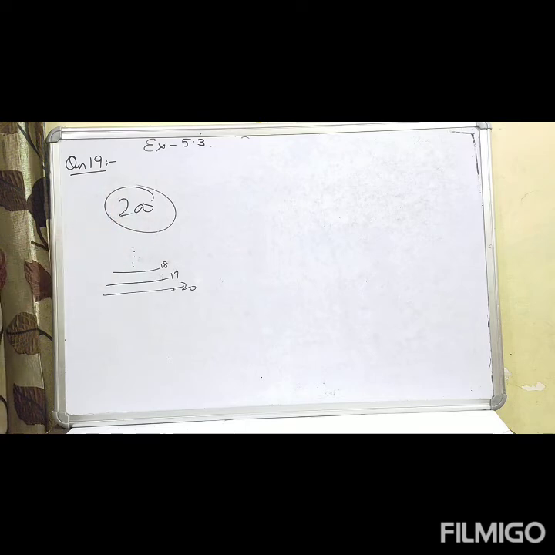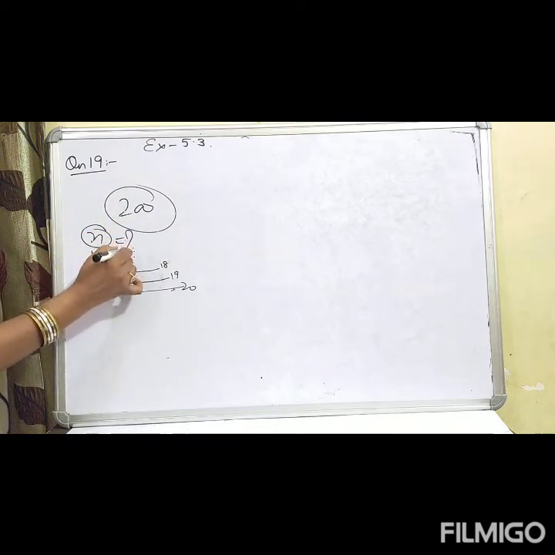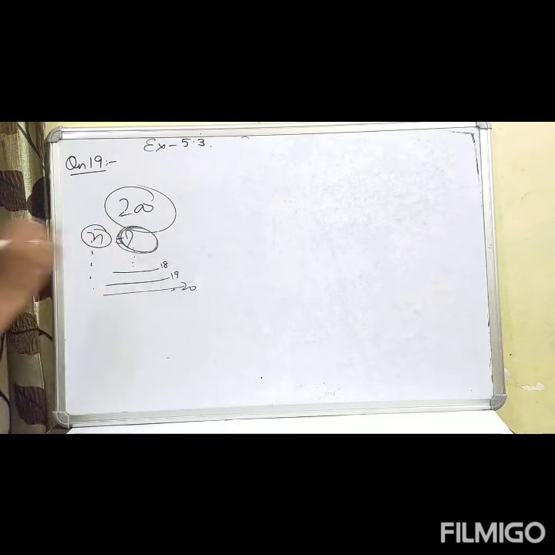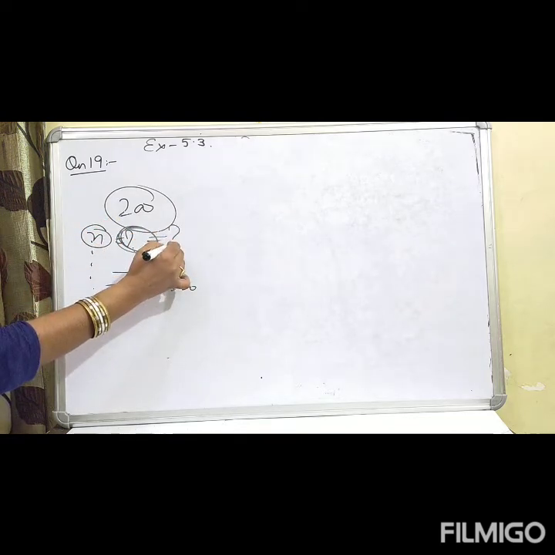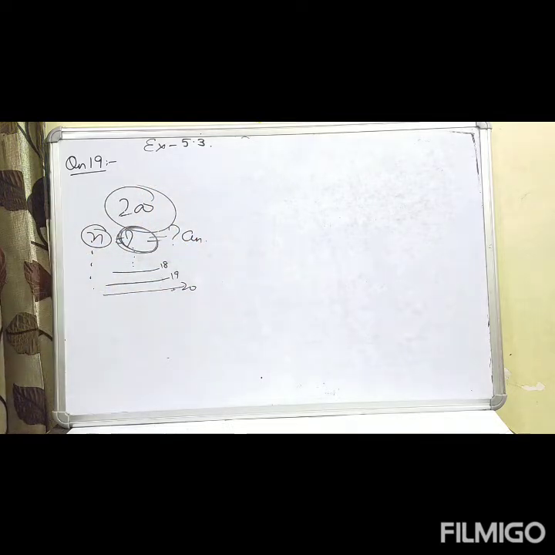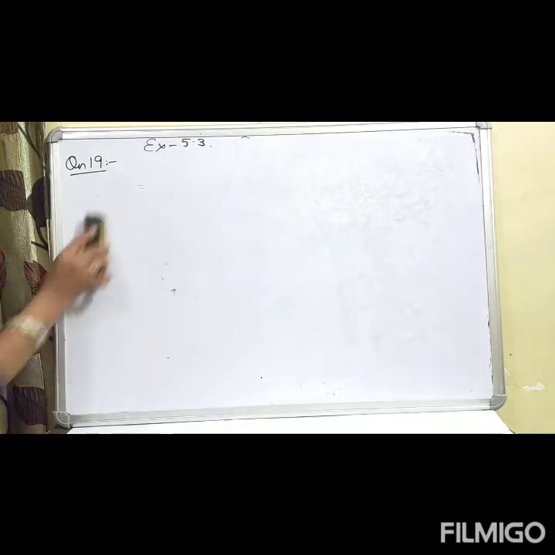So two things we have to find out: the number of rows, that means n, and in the last row how many logs are there. That means we have to find that particular an, if it will be 20th, 30th or whatever, 16th or 25th. So we have to find that term, that means an and n. So this is the question. Now we'll attempt this question.